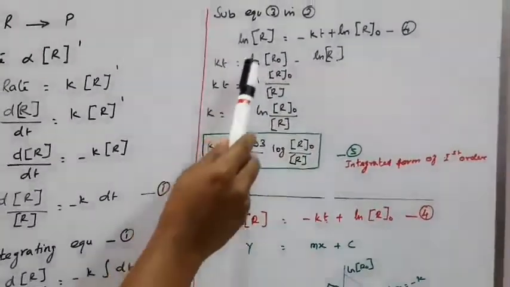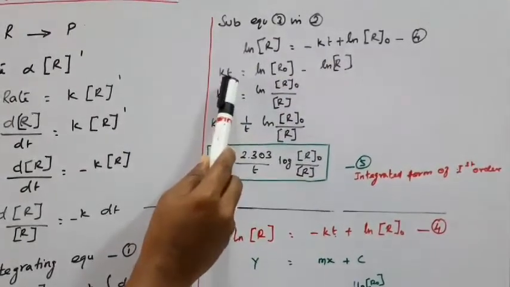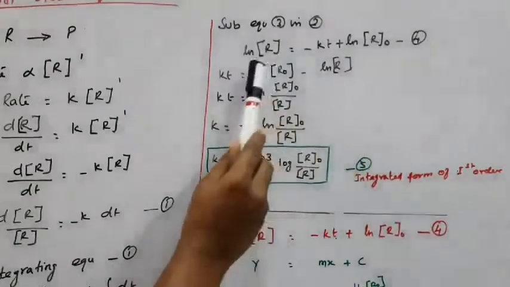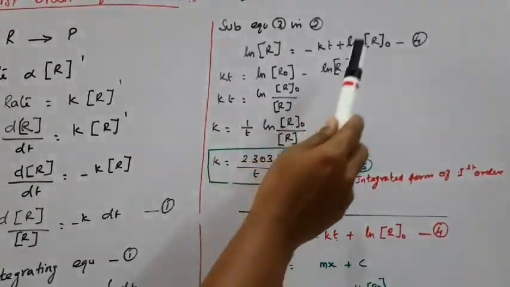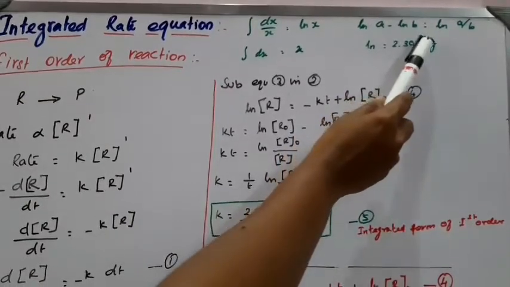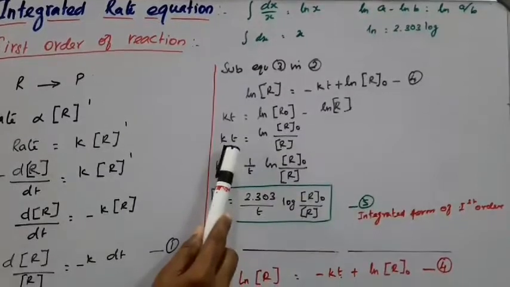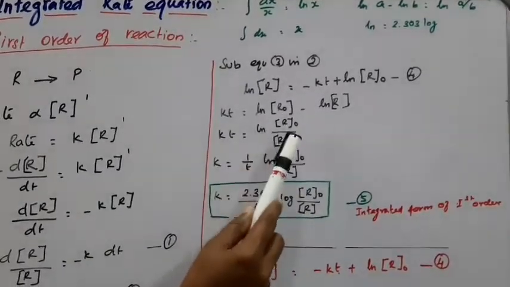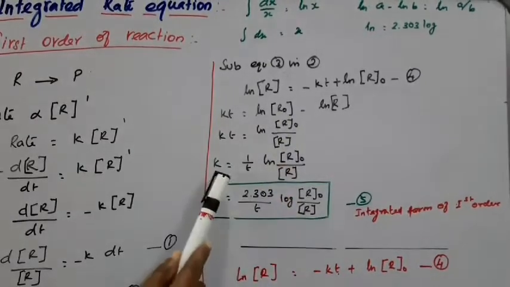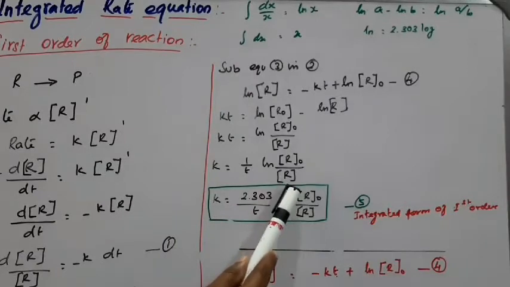Taking minus kt to the left hand side, it becomes plus kt equals ln R0 minus ln R. Students, you see here this is a format: ln A minus ln B equals ln A by B. So kt equals ln of R0 by R. Therefore k equals 1 by t ln R0 by R.